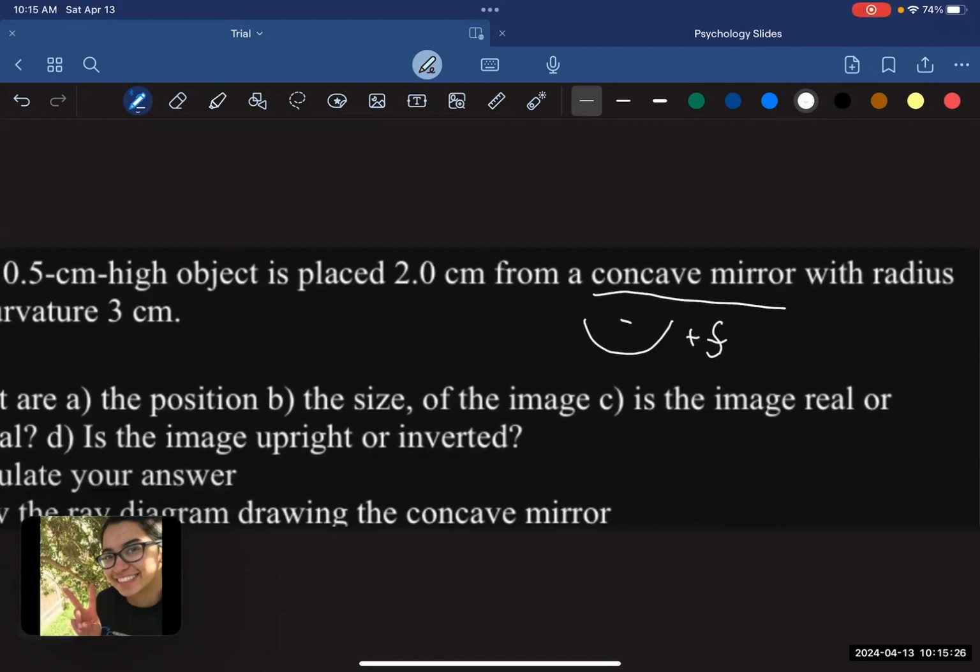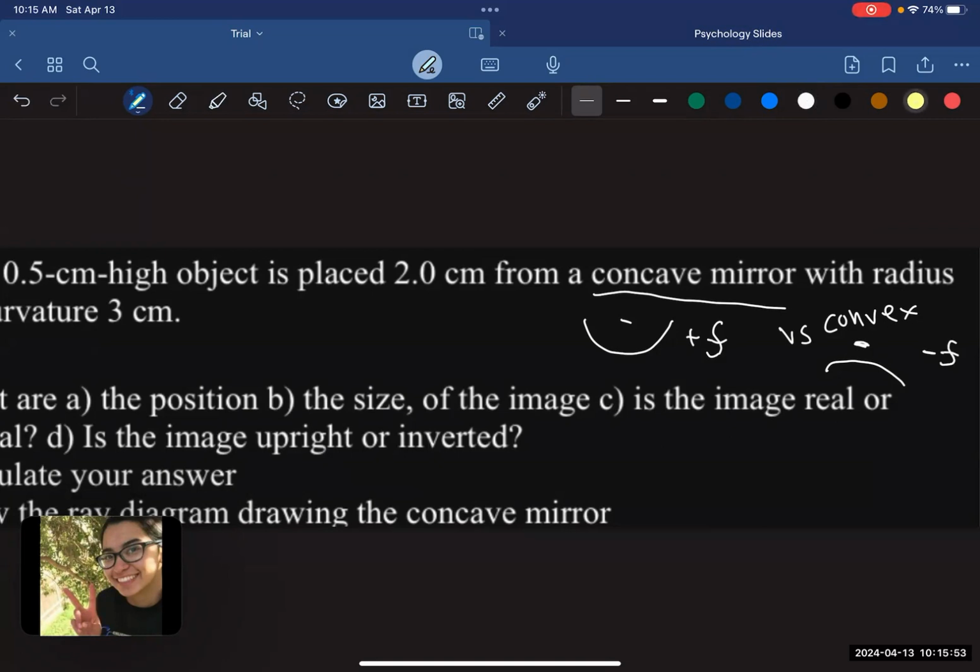Or you have convex, which are like this, where this is the side that you're looking at, and you're gonna have a negative focal point. Right?